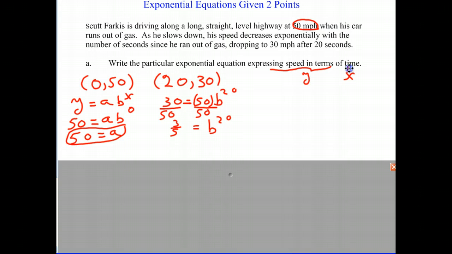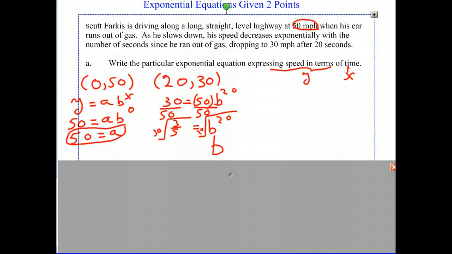And now we need to find the value of b. So we'll take the 20th root of both sides: the 20th root of b to the 20th is equal to the 20th root of 3/5. That gives us b on the left side. And that b is going to be equal to the 20th root of 3/5, which turns out to be 0.9747, rounded off to 4 places.